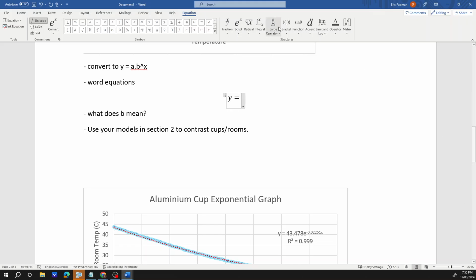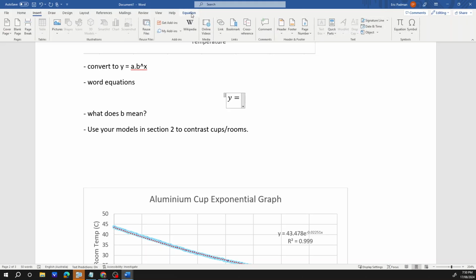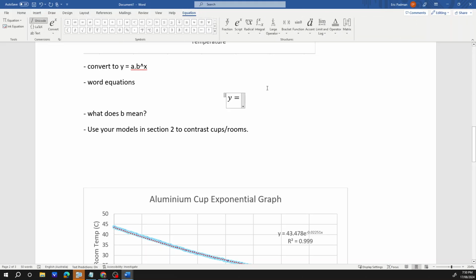So y equals. When you insert an equation and you're in this little box, you've got a bunch of options. It uses the italic forms of y and x that look like the math way of writing those letters, which is kind of neat.